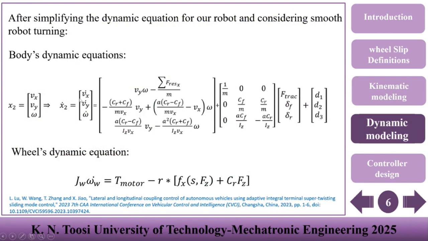For this control, I am going to simplify my dynamic model with the assumption that the robot has small steering angles, and that is only acceptable if the robot has smooth maneuvers and doesn't go on sharp turns. The other thing here is that I have replaced the lateral force with its linear approximation with the proportional coefficients and slip angles.